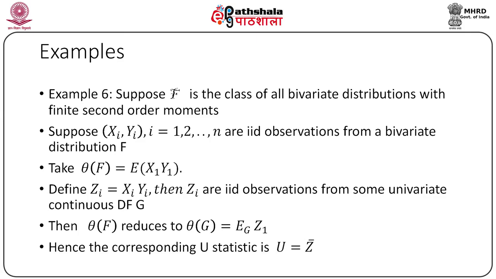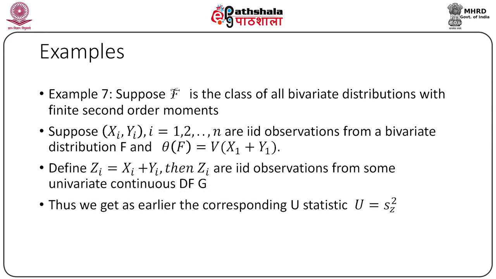Then the distribution of z will have a finite first moment and the distribution will be continuous. With the introduction of the new variable z, the problem therefore reduces to the estimation of the expected value of z. From the already discussed examples, the U statistic is z bar, that is the average of xy values.